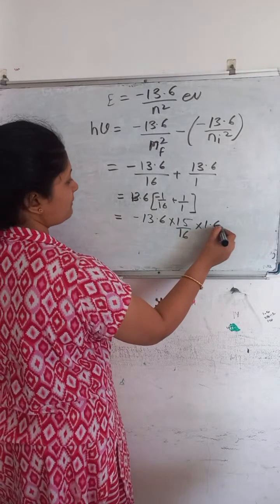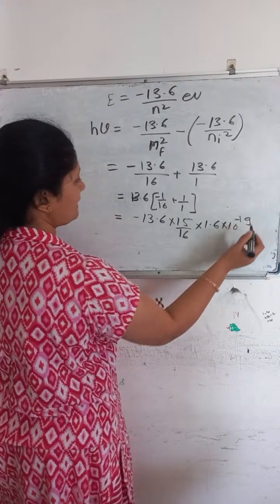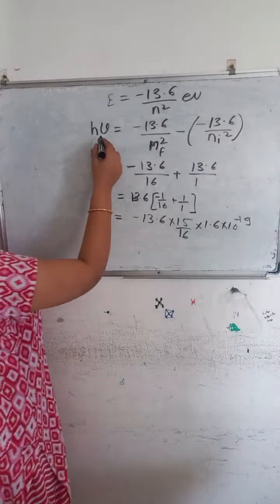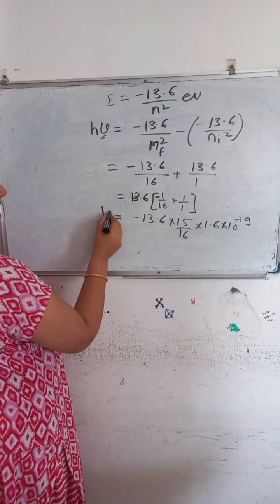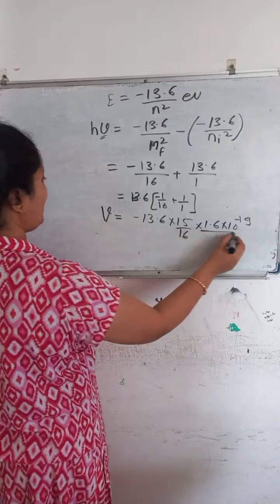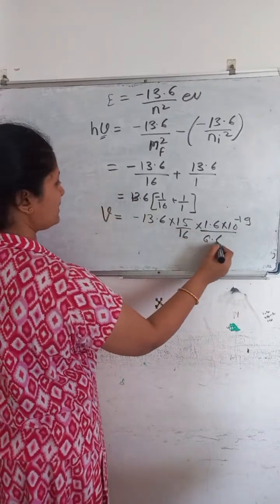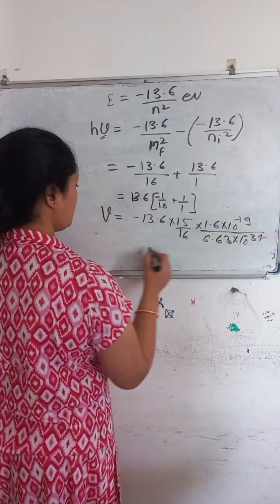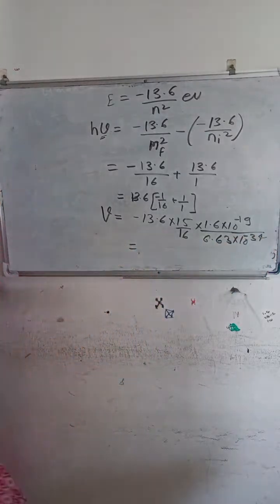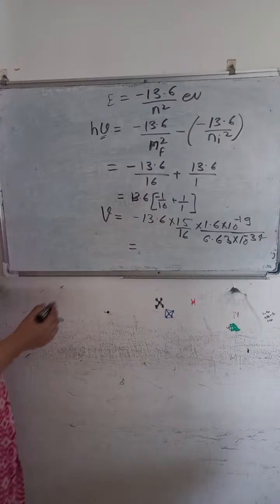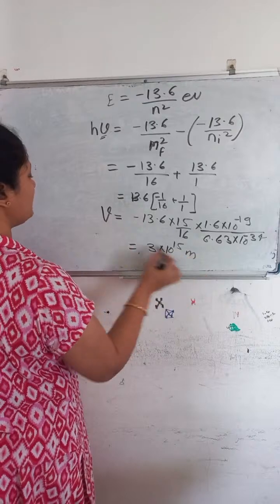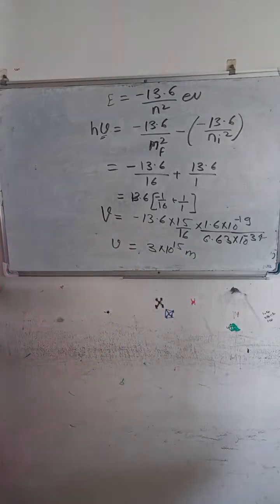Electron volt is nothing but 1.6 into 10 raised to minus 19. You can substitute, and then here we have h into nu. Nu is nothing but frequency. I will keep nu as it is, and h I will transpose, and h value is 6.63 into 10 raised to minus 34. So you can do the calculation and take a mod of this answer. And here also you will get approximately 3 into 10 raised to 15. Okay, you can do the calculation and check.